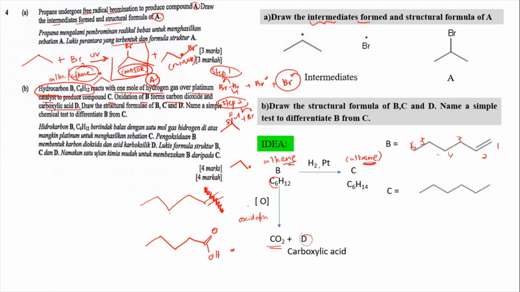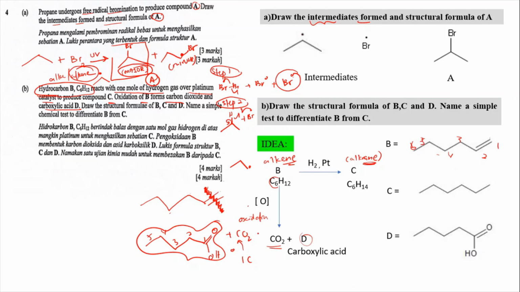So it's going to have 5 carbon, because the other carbon is going to be released as carbon dioxide. 1, 2, 3, 4, 5. So what it's going to produce is pentanoic acid. So D is a carboxylic acid, which is pentanoic acid. So 5 carbon here, and then 1 carbon is released to become carbon dioxide.